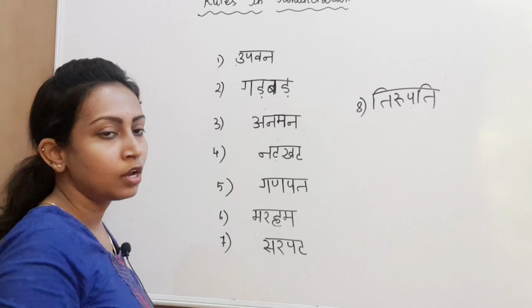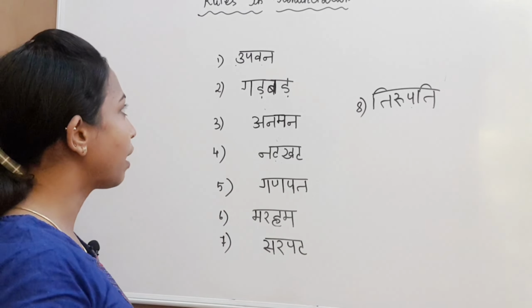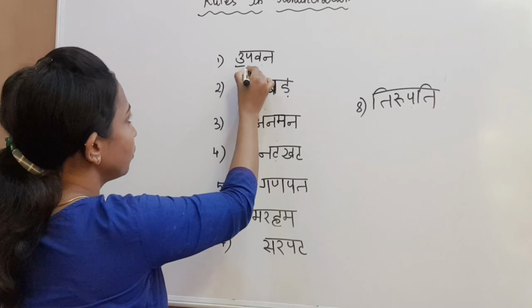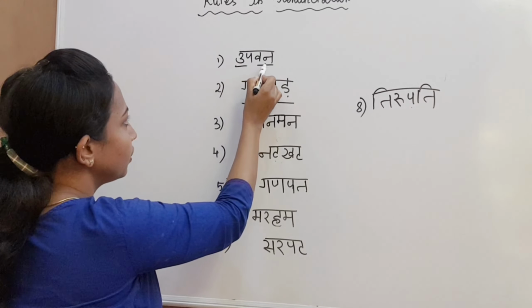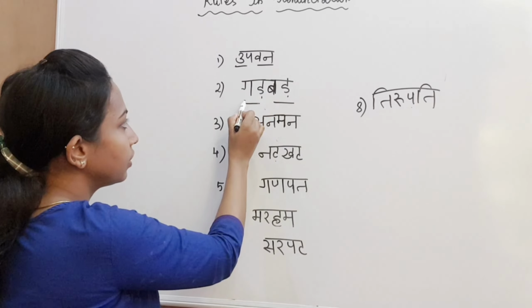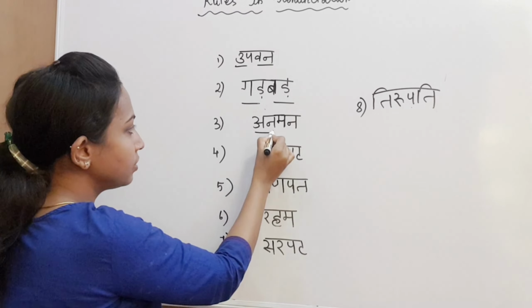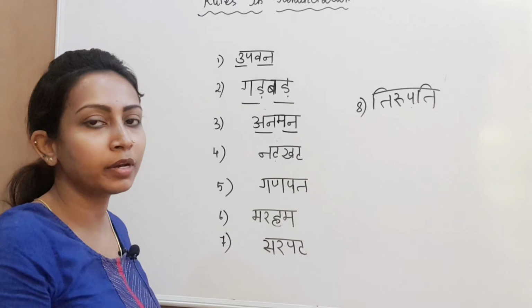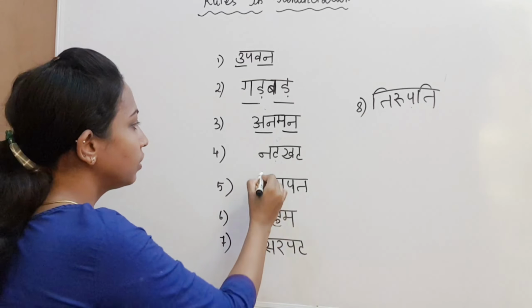So if there are no symbols in a four-letter word, we have to divide it into two parts and pronounce it. For example, upavana, upavan, gada, bada, gad, bad, ana, an, mana, man, anman. You should not say like ana, mana. It is anman.